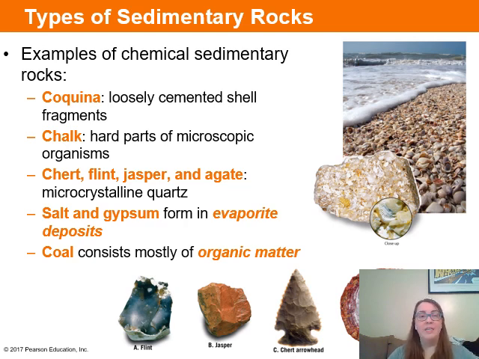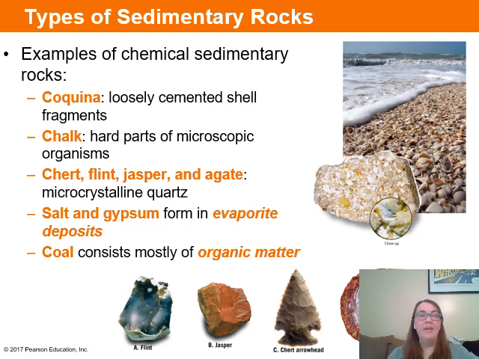But we're also going to see salt and gypsum forming as those evaporite deposits. Again, if I take water with a lot of minerals dissolved inside of it and evaporate that water, I'm going to be left with those solid minerals behind as an evaporite. And then finally, probably one of the weirdest types of sedimentary rocks is coal.